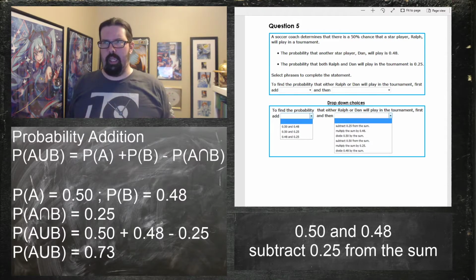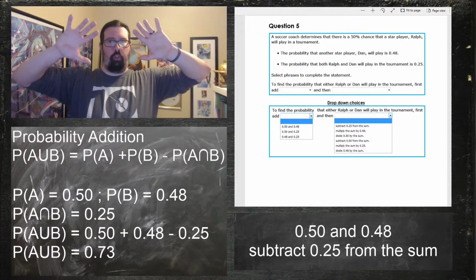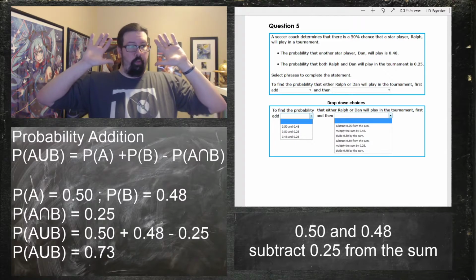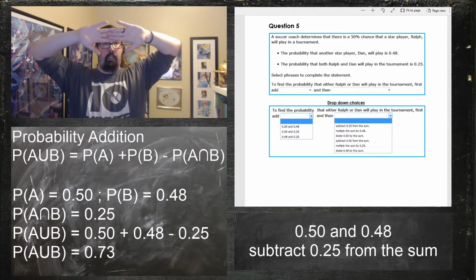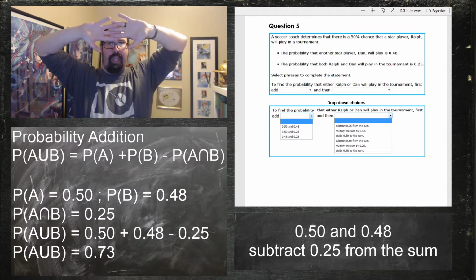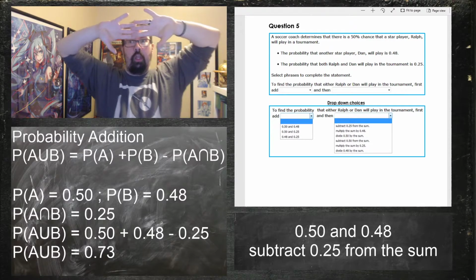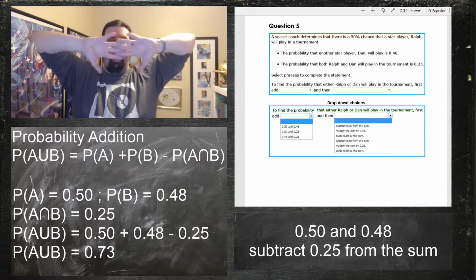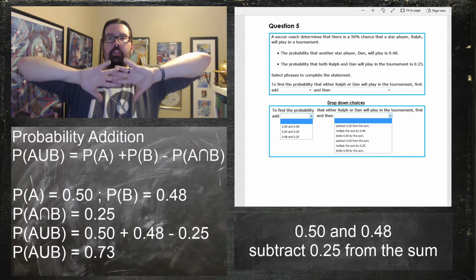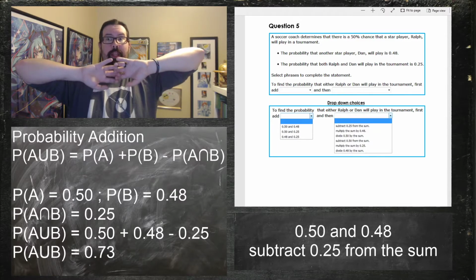Think of it like a Venn diagram. You have two circles. I wish I had two circles, but you have two circles, and they have a probability in each. But if they overlap, that overlapping part right there is the combination. If you want the sum of the whole thing, you take these two numbers and subtract that bit in the middle that they both count.